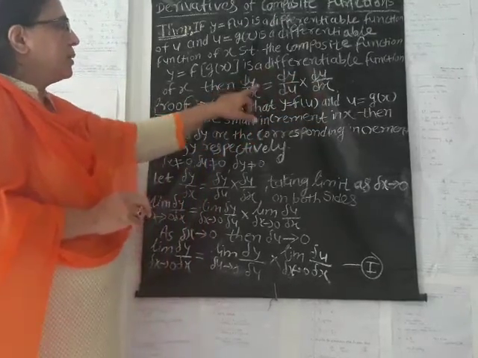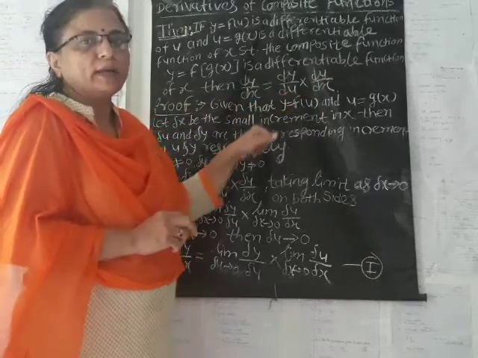Remember, dy by dx equals dy by du into du by dx.